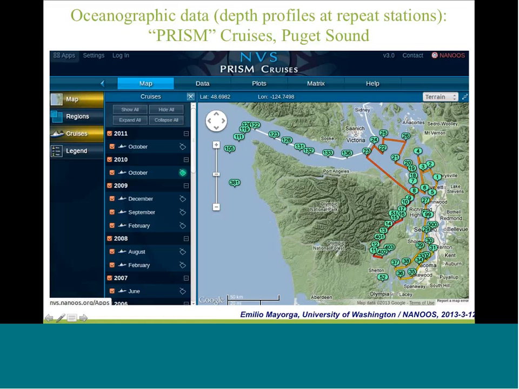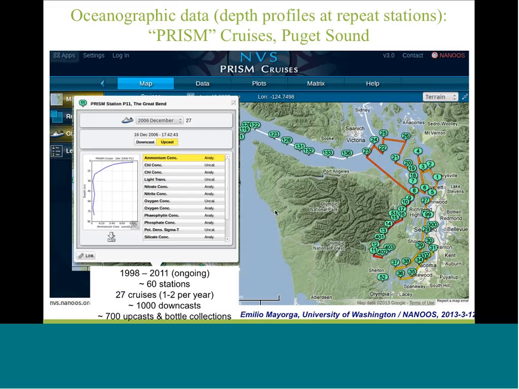Another use case is this oceanographic use case. Emilio Mayorga has basically gotten ODM2 to work very nicely for oceanographic, coastal oceanography use cases, in which depth profiles are a fundamentally important sampling feature, and so are cruise tracks.